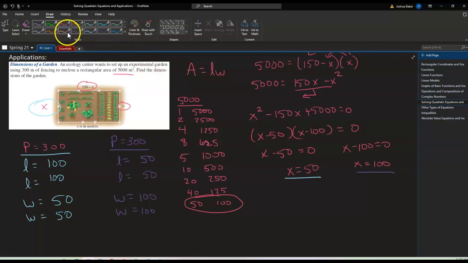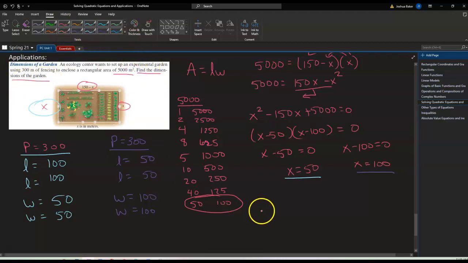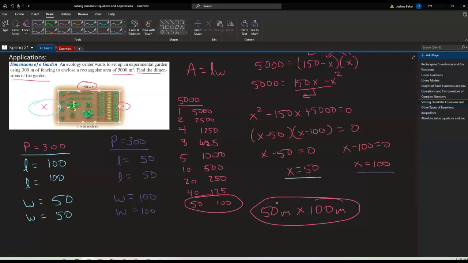So look at what the prompt asked us for. The prompt says find the dimensions of the garden. It's going to be 50 meters by 100 meters. And it doesn't really matter which one of those answers you use. You're still going to get the same dimensions.